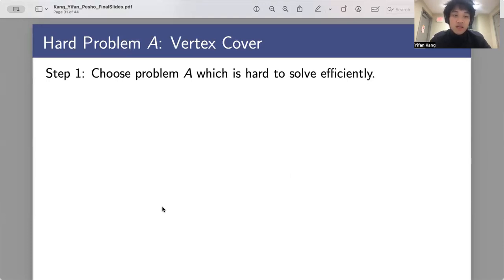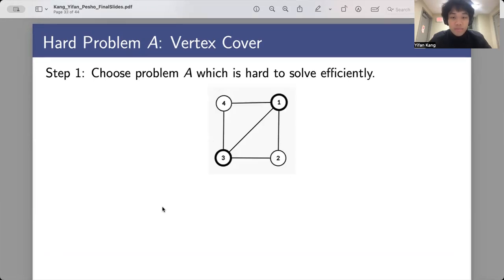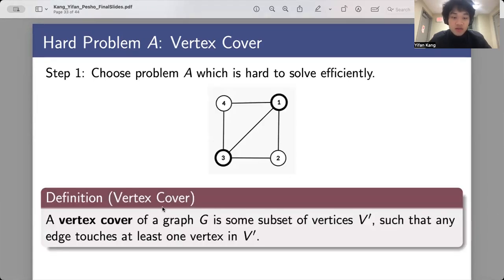The hard problem A that we use is called vertex cover. The definition of a vertex cover of a graph is a subset of vertices such that every edge in the graph touches at least one vertex in the vertex cover.